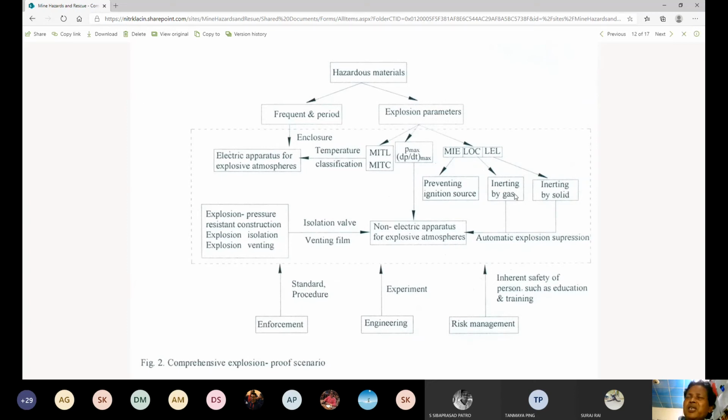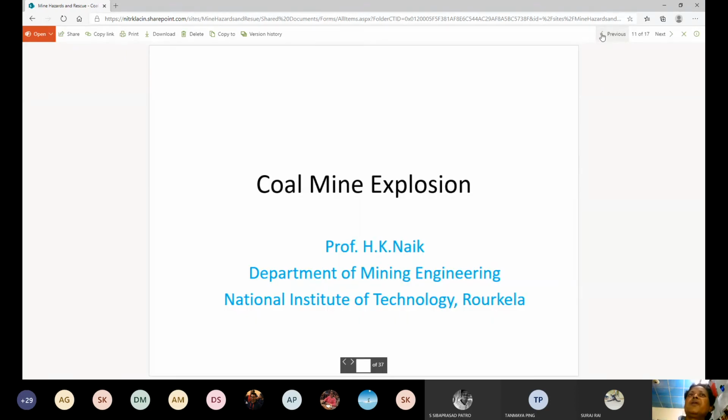If methane gas is there, you can use another inert gas to reduce the concentration of the gas. So these are the parameters you have to take into consideration for the prevention of explosion.